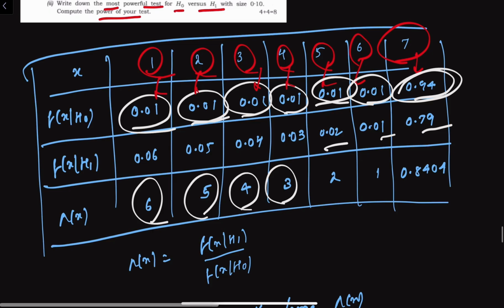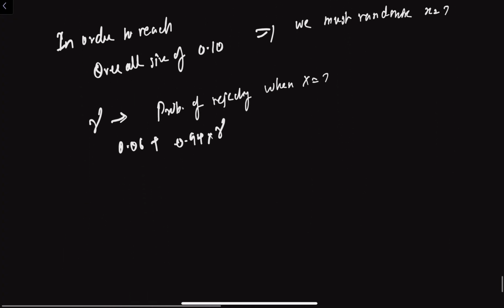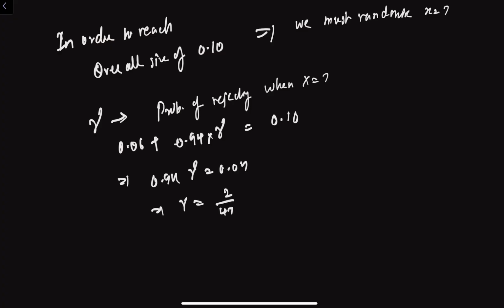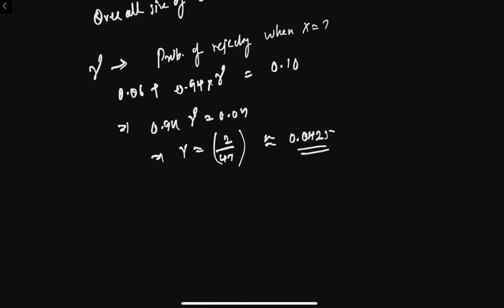Basically this entire part contributes 0.06 and 7 will contribute the remaining 0.04 part, so that we can ensure that the total size is 0.10. So 0.06 plus 0.94 gamma is 0.10, which means 0.94 gamma is 0.04. That means gamma is 2 by 47, which is approximately 0.0425.